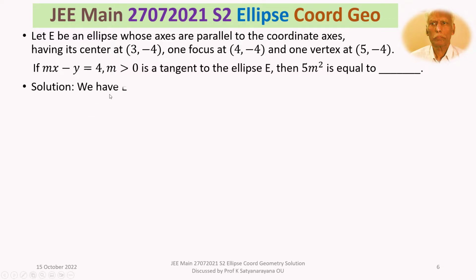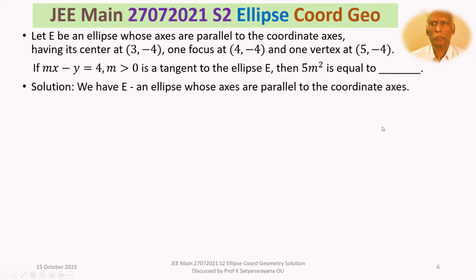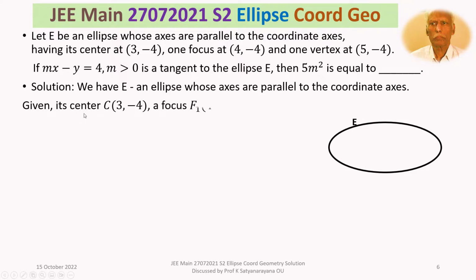Solution. We have E, an ellipse whose axes are parallel to the coordinate axis. This is our ellipse E. We are given its center, let's call it C, at (3, -4), a focus F1 at (4, -4), and a vertex A at (5, -4).